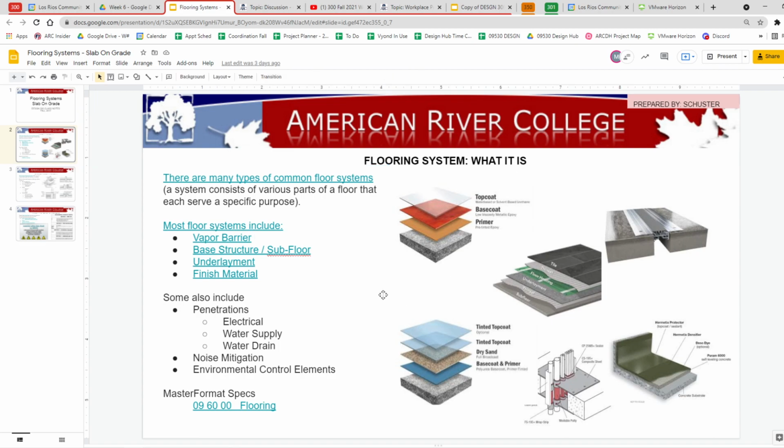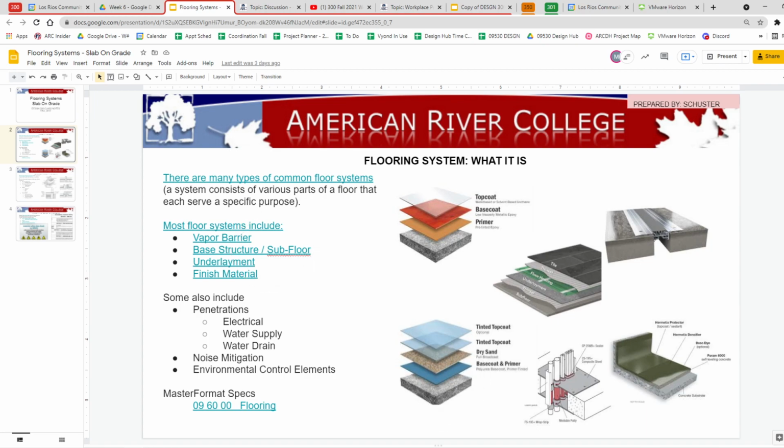And in general, you will find out that there is some sort of vapor barrier. Vapor barriers keep the water from going up from the ground through the concrete into the building. Okay, and those are sometimes below the concrete, sometimes they're above the concrete, sometimes both.